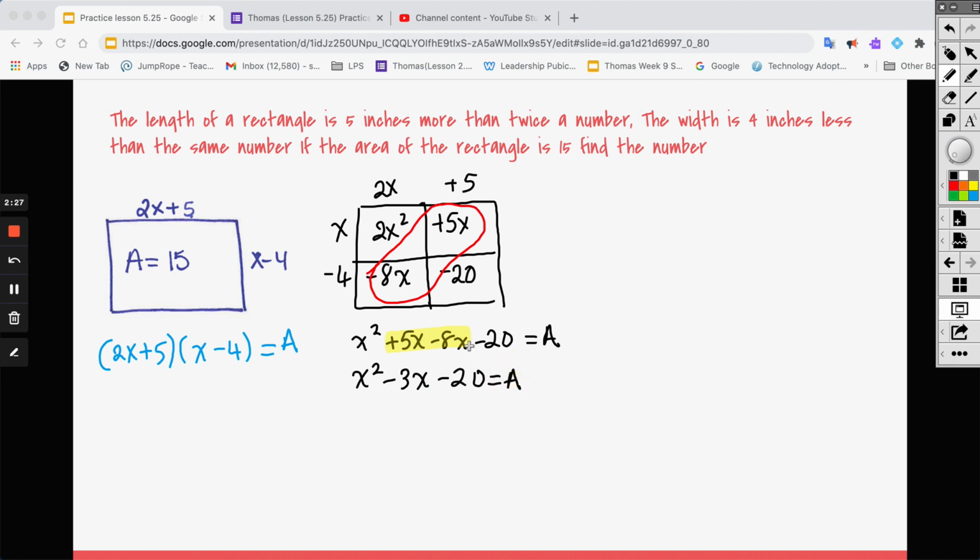Now, the situation that they gave us, they told us that in this particular case, the area of the rectangle is 15.